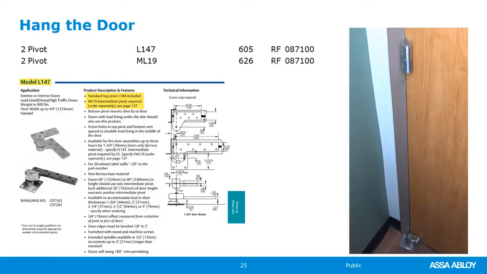It depends on if they're going to penetrate the lead or if they're going to take out any of the lead from the door. So this isn't an actual lead line hinge or pivot, but it is specifically for lead line doors, because the screws will not penetrate the lead, whether they're in the center of the door or if it's underneath the veneer.